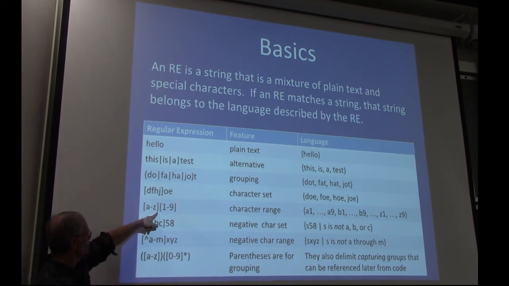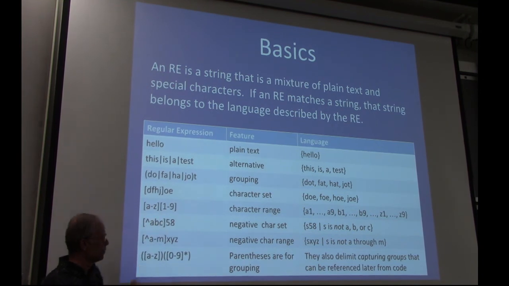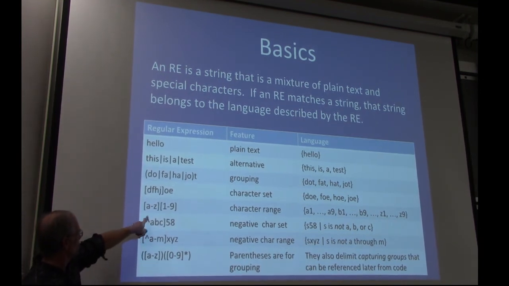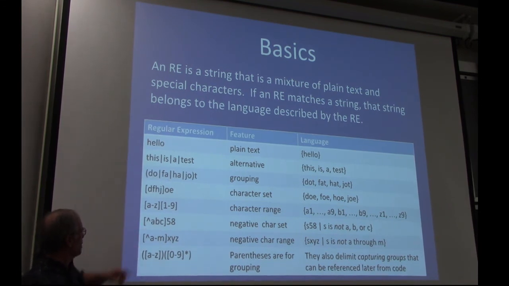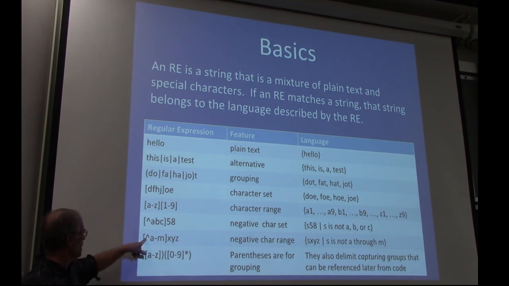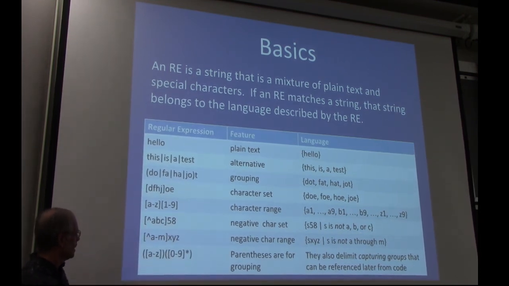Okay? Here's a character range. This says lowercase a through z, followed by 1 through 9. This is a negative character class. This says anything but A, B, C, followed by 58. This says anything but A through M, followed by X, Y, Z. And what does this say here?